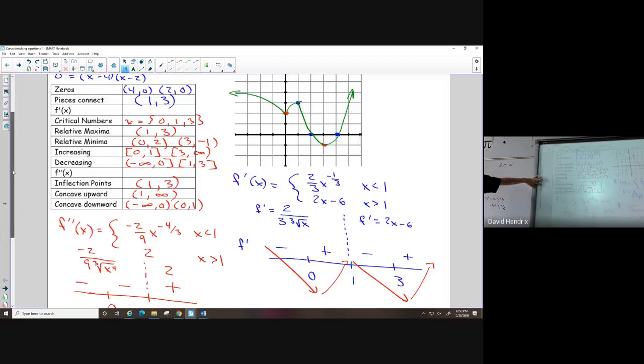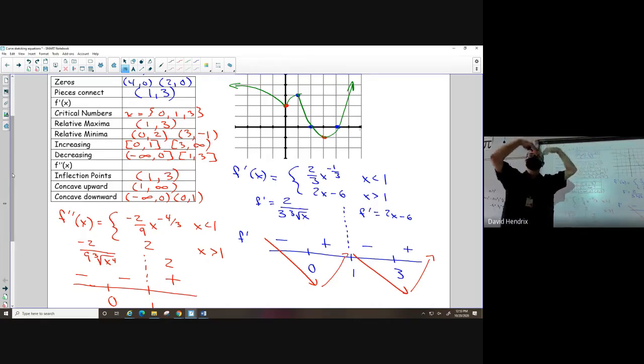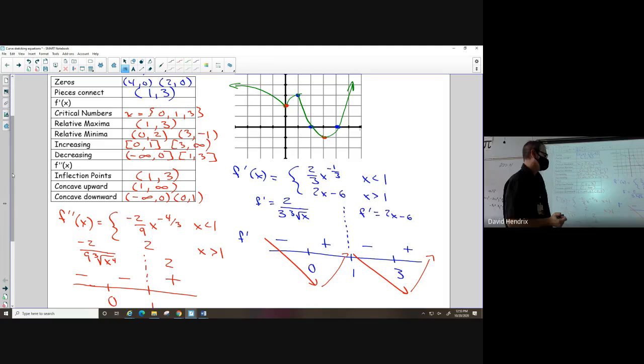And then notice right here, we said this was going to be a non-differentiable point because the slopes didn't have the same value coming into it. We're going to have a sharp corner right there, right? Because when we plugged in 1 into both of these pieces, we got 2/3 on the left-hand side, and then... Oh, we're talking about 1.